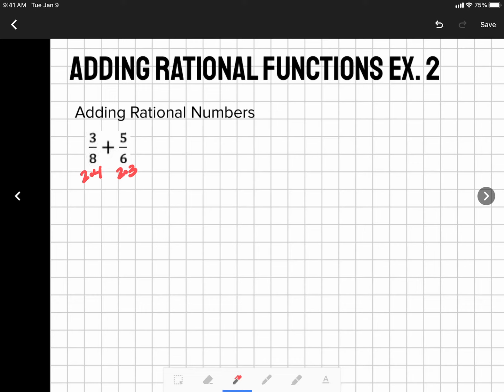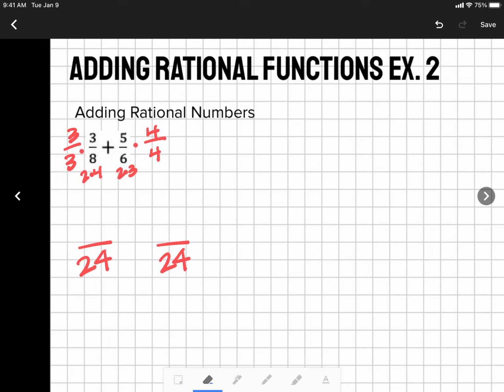Does anyone know what that common denominator is going to be that we're hunting for? We could do 6 times 8, which is 48, but we don't need to go that large. So I could just multiply this one by 4 over 4 and multiply this one by 3 over 3.